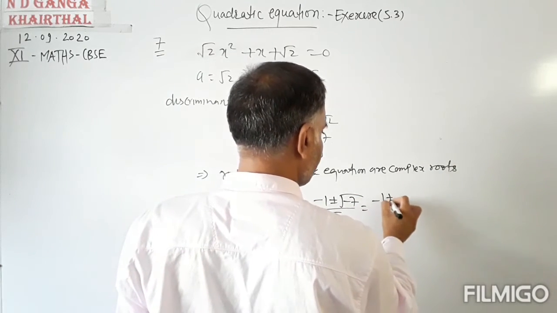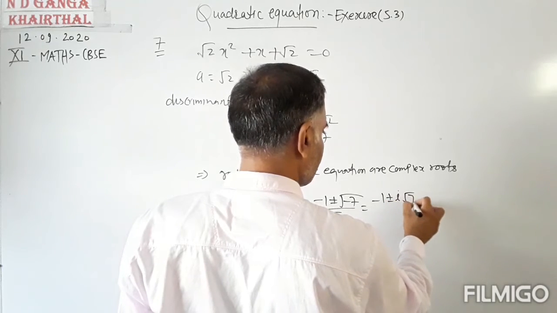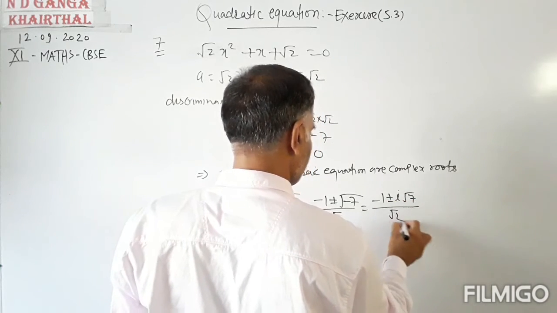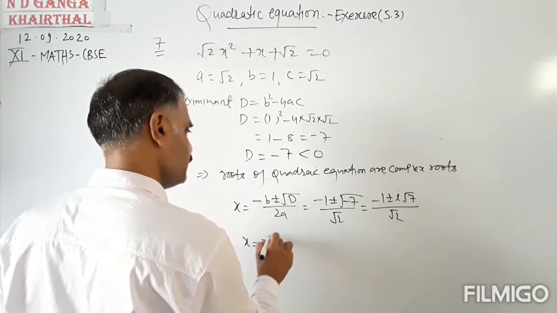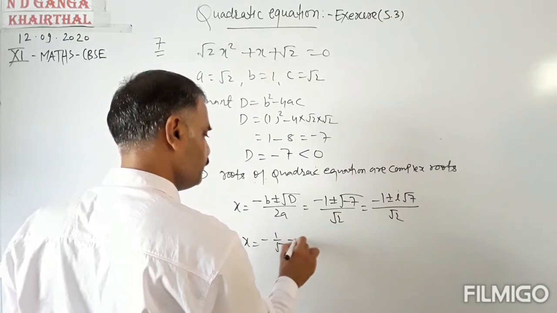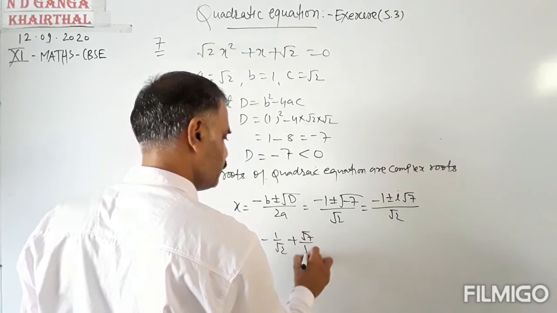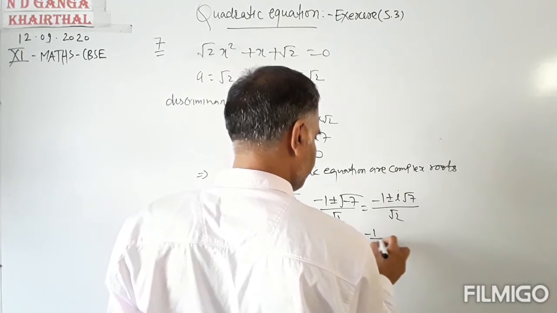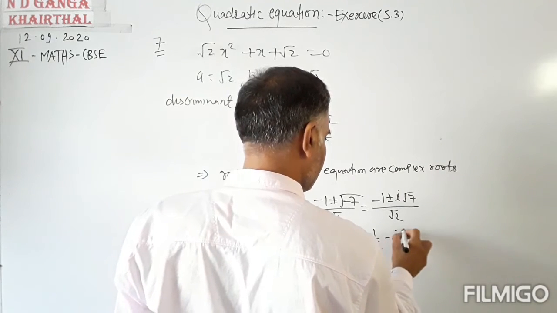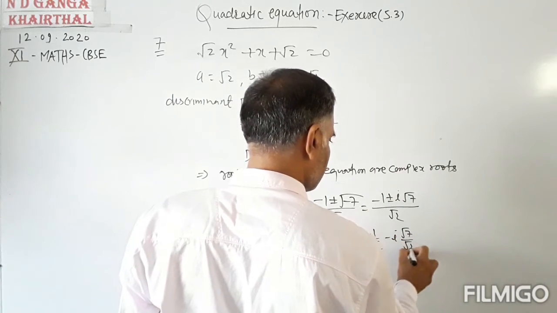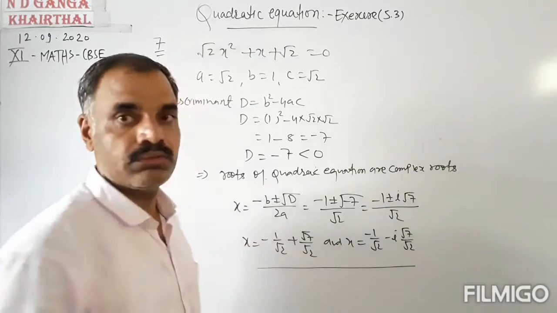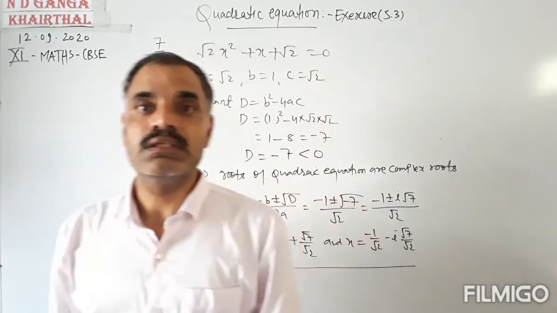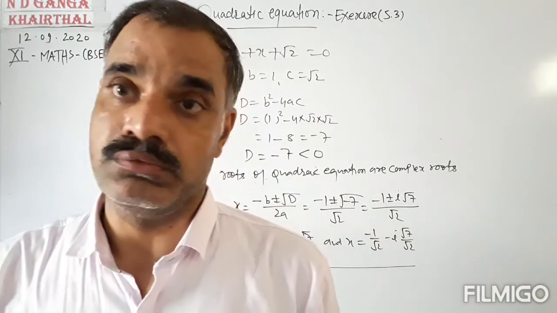So minus 1 plus or minus iota under root 7 upon under root 2. So the roots are x equals to minus 1 upon under root 2 plus iota under root 7 upon under root 2, and the other root is minus 1 upon under root 2 minus iota under root 7 upon under root 2. So these are the two roots, and these are complex roots.